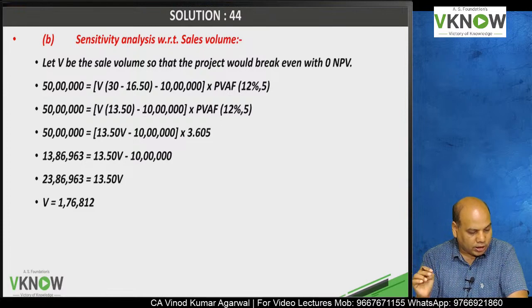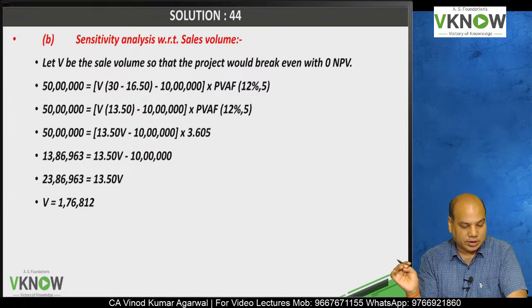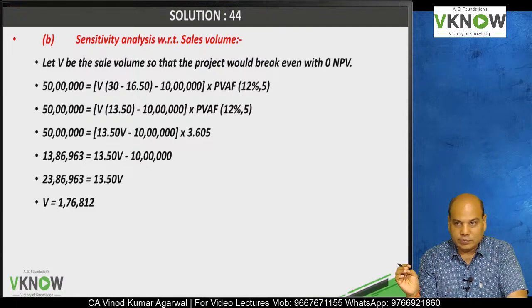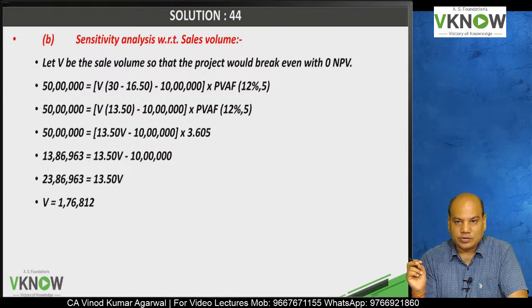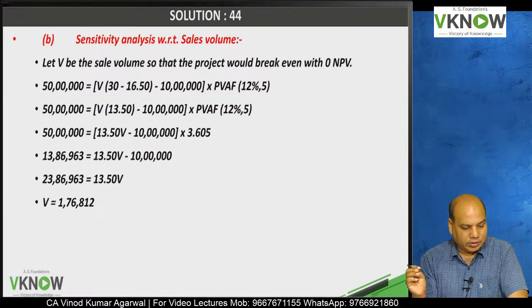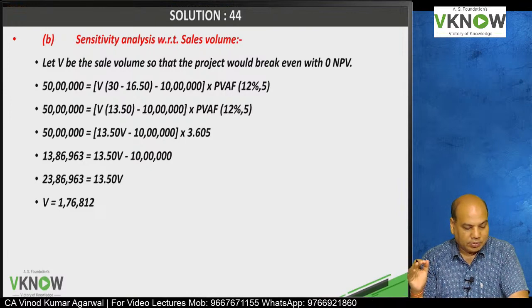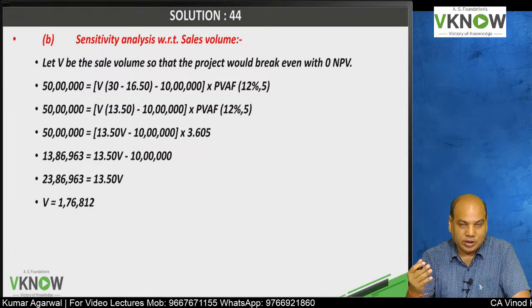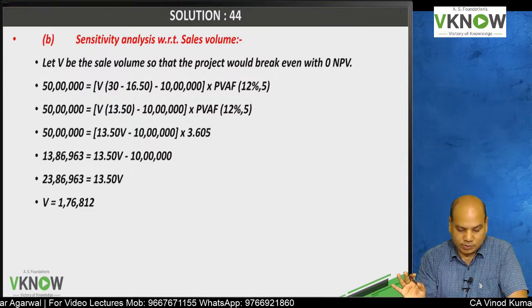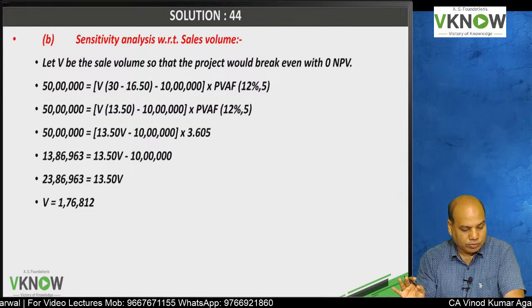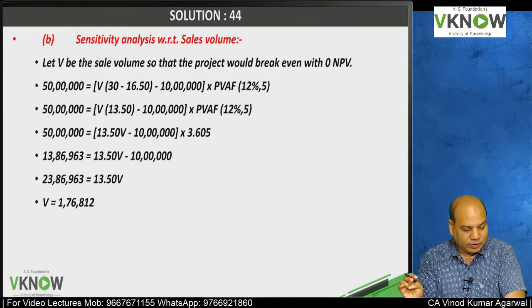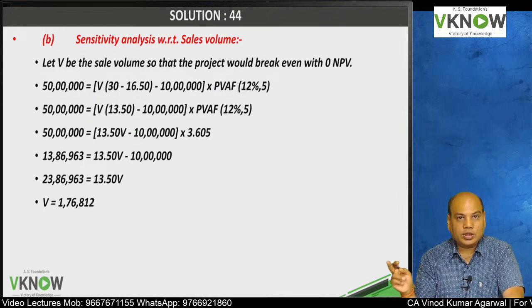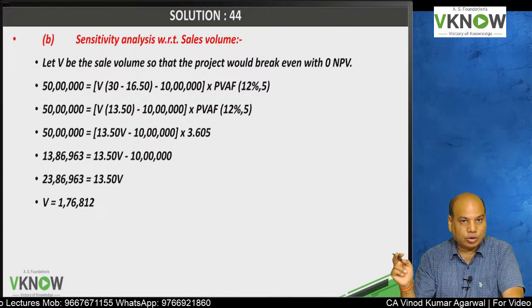So in some note above it was written, the acceptable level of risk is 20%. That means if there is a less than 20% chance that NPV will be negative, then we'll accept it. But if there is a more than 20% probability that NPV can be negative, we will not accept the project. So we will compute NPV in poor economic condition, normal and good.